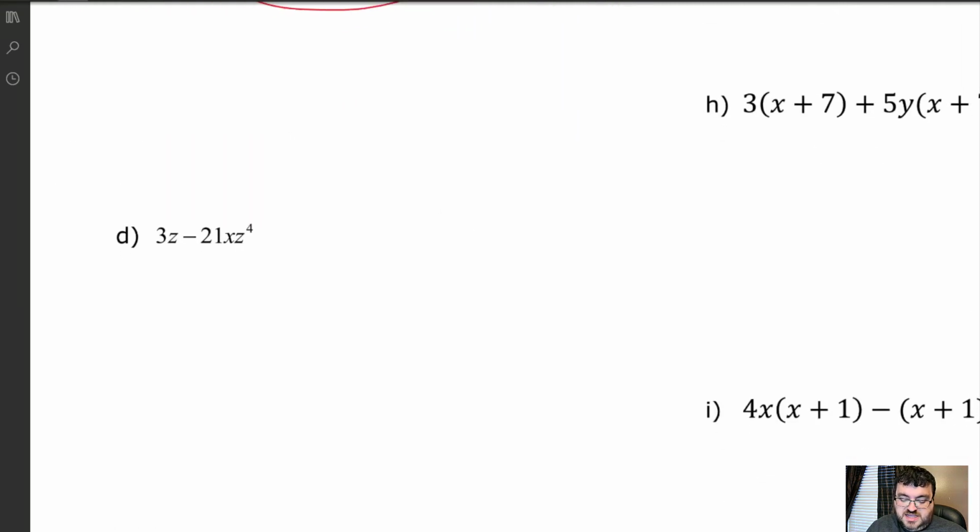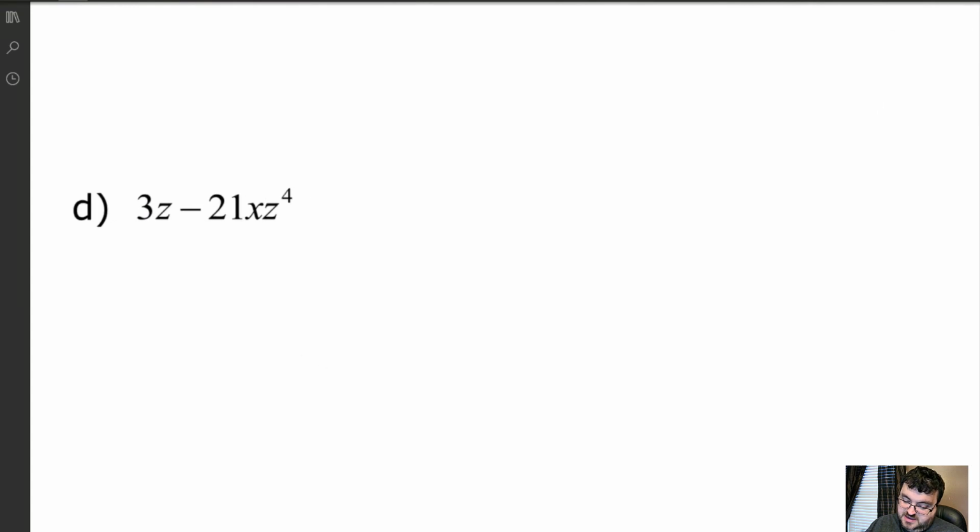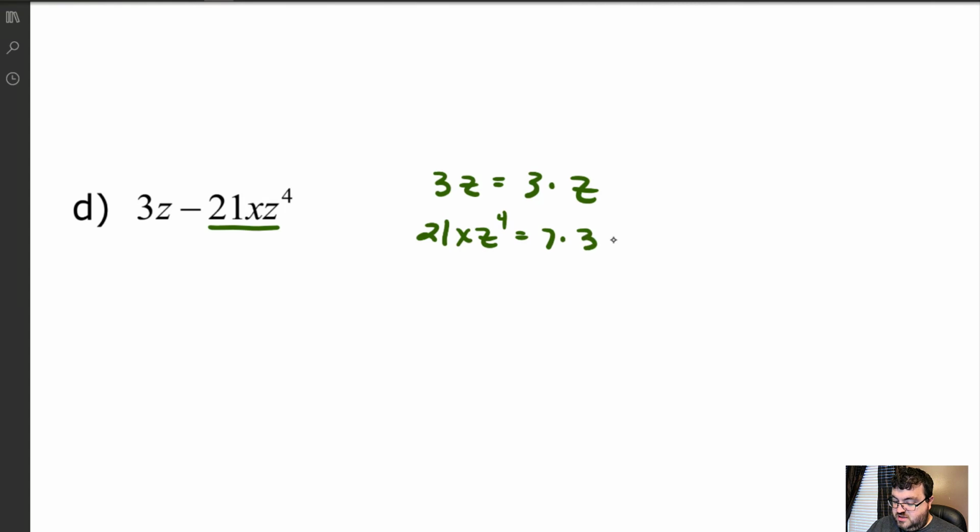So down here on part D, we have 3z and 21xz to the fourth. If you're looking at 3z, that's just 3 times z. 21xz to the fourth is going to be 7 times 3 times x, and then a bunch of z's.